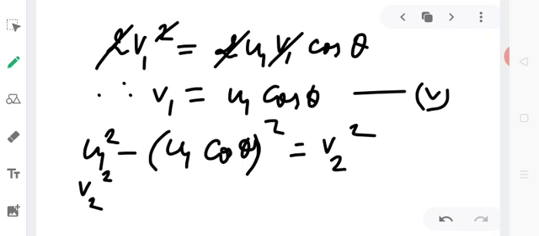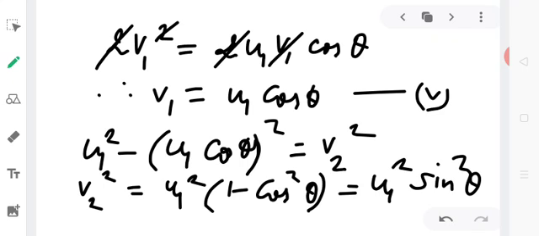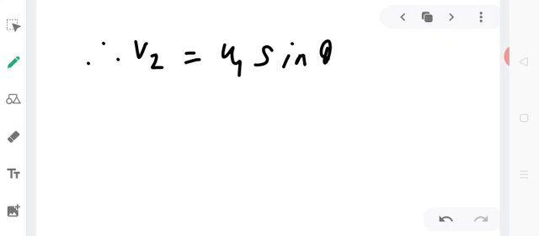Actually, v2 square is equal to u1 square times (1 minus cos square theta), taken out as common, and that is equal to u1 square sin square theta. So we get v2 equal to u1 sin of theta. Let's mark it as equation number 6.